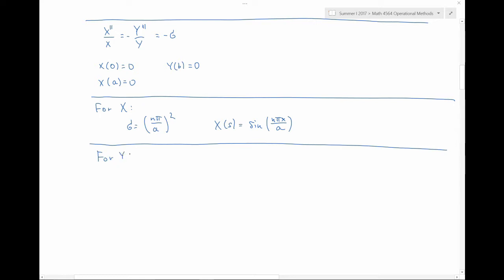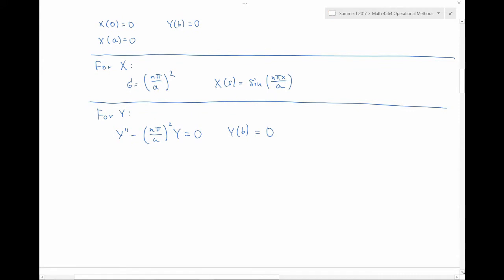For y, we have the following equation, that y double prime minus n pi over a squared times y should be 0. And we also know that y of b should be 0.